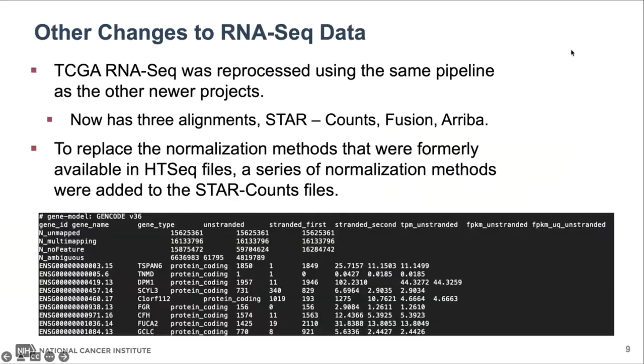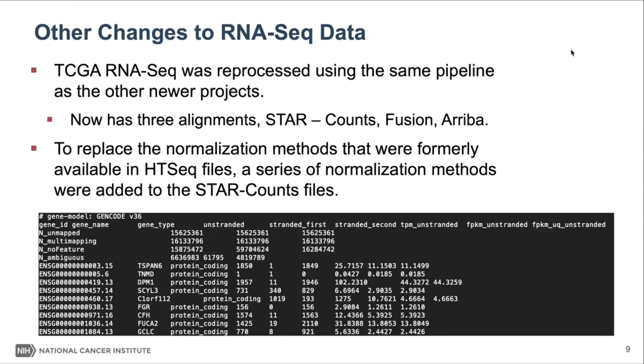So a few more changes about the RNA-seq data that don't necessarily apply to GENCODE, but have been done in this release, and you should know about it. So the TCGA RNA-Seq in the past was processed using an older pipeline, and now TCGA RNA-Seq has been reprocessed the same as the rest of the projects with a more up-to-date pipeline.